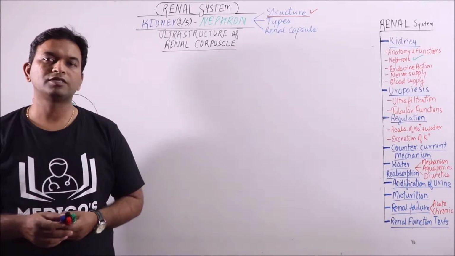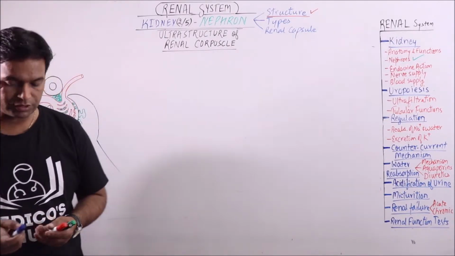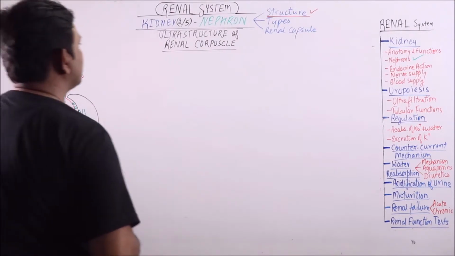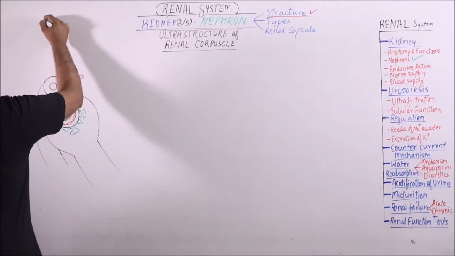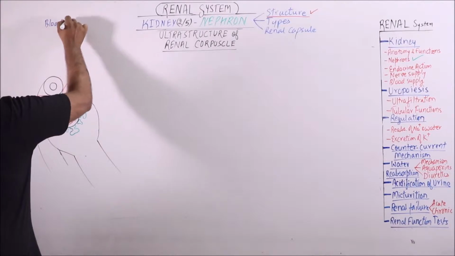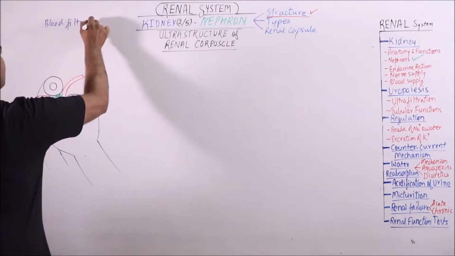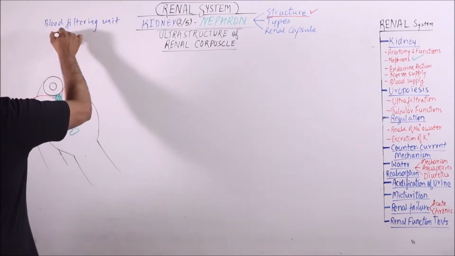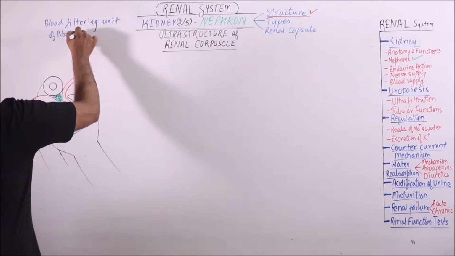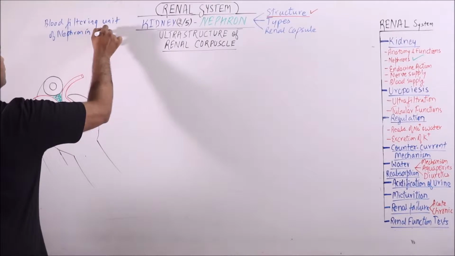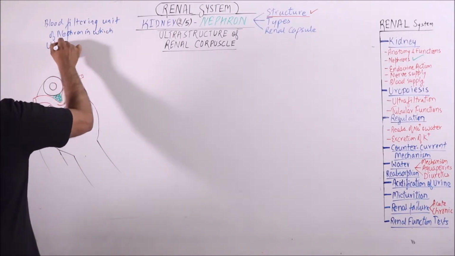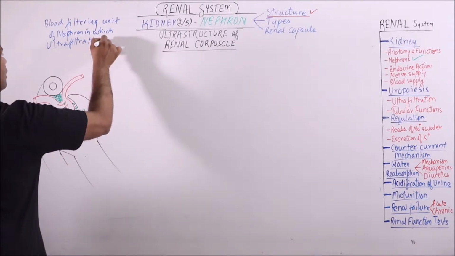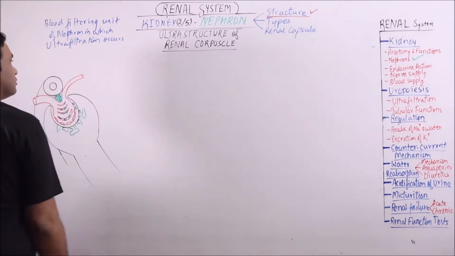In this video I am going to discuss the ultrastructure of renal corpuscle. Now what is renal corpuscle? Renal corpuscle is the blood filtering unit of nephron in which ultrafiltration occurs.